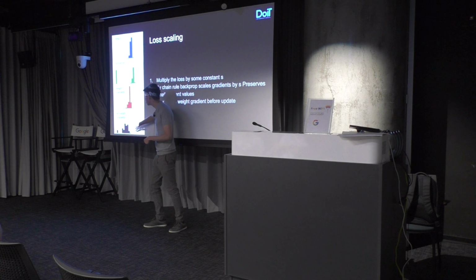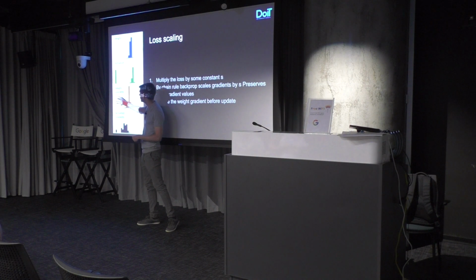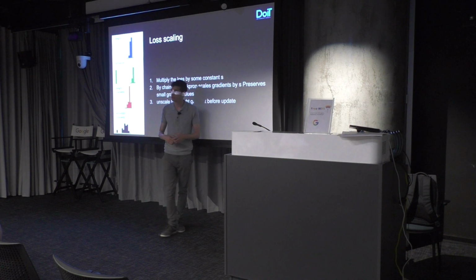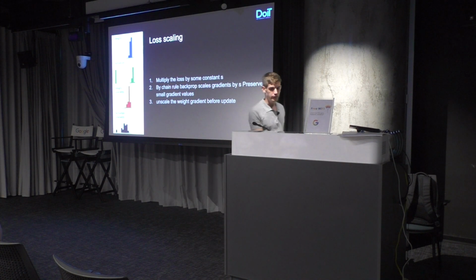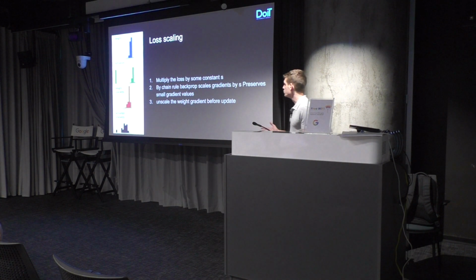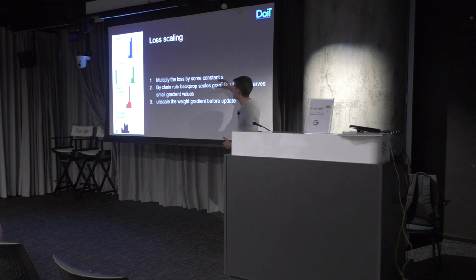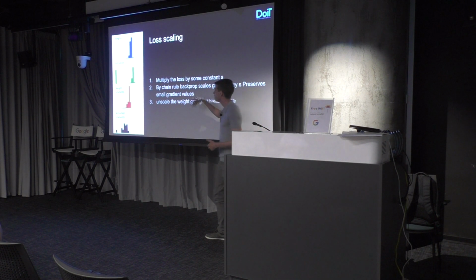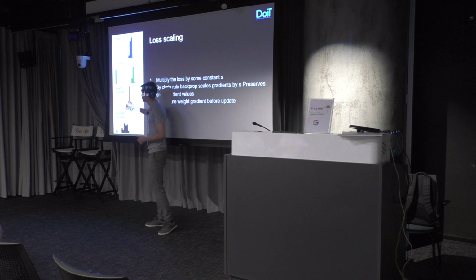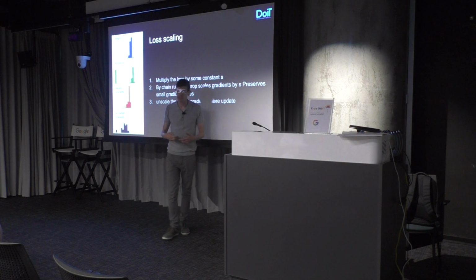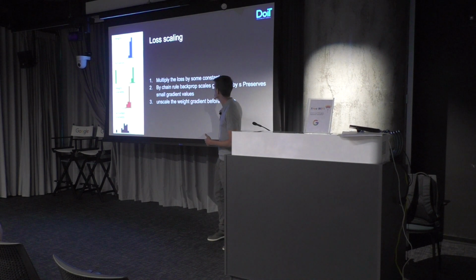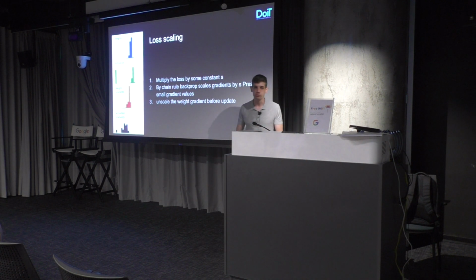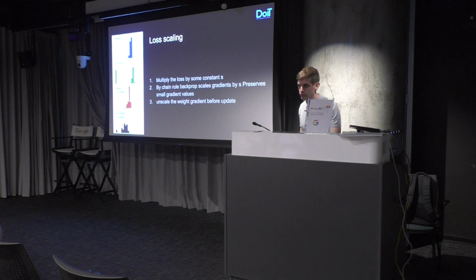So we can shift our gradients towards the zone that we want to have our data in. So the idea would be to multiply the loss by some constant s, to do all the weight gradient and activation gradient updates with this scaled loss, and then unscale it after we finish calculating the gradients.